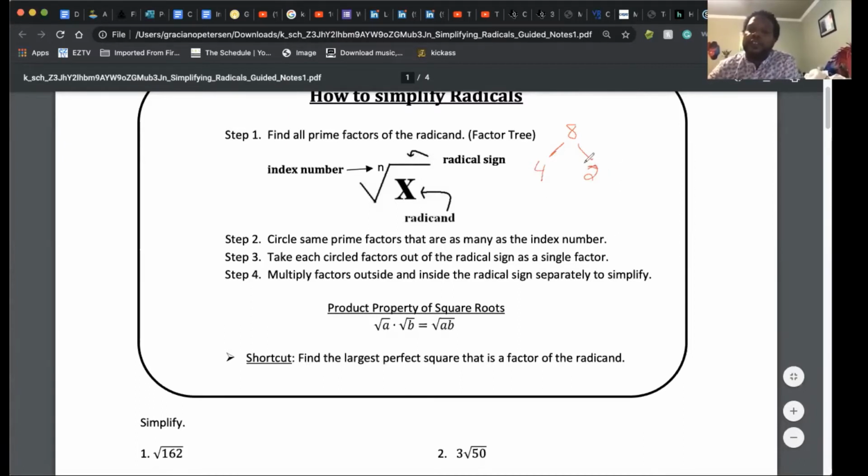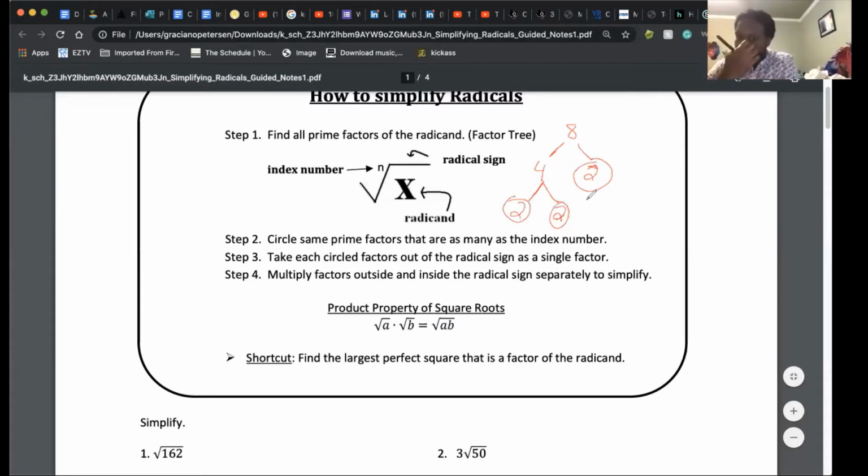It's just going to be broken into 2 and 1, right? So this is a prime number, so I can stop right there with 2. But then the 4 needs to be broken down again, and it can be broken down into 2 and 2, right, because 2 times 2 is 4. So now I have all the prime numbers of the number 8. This is what a factor tree would look like.